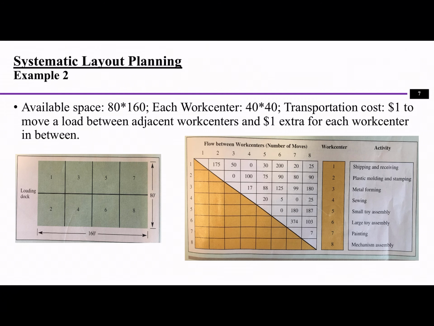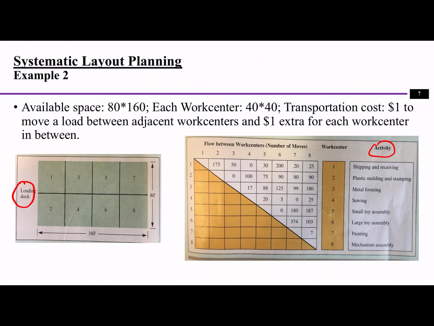So this is all the information, and you can see the activities for 1, 2, 3, 4, 5, 6, 7, 8. These are the shaping, sieving, plastic molding, and stamping, metal forming, sewing, small toy assembly, large toy assembly, painting, mechanism assembly. Another thing you want to take care of is there's a loading dock here.